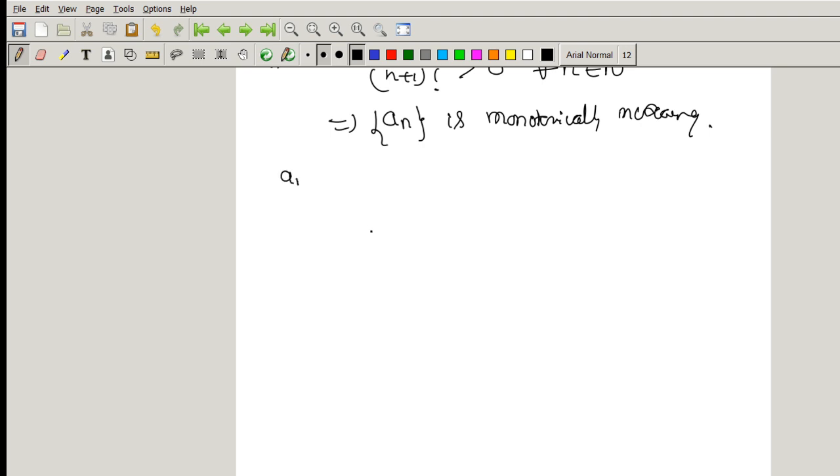Given a_n is 1 by 1 factorial plus 1 by 2 factorial plus so on plus 1 by n factorial.